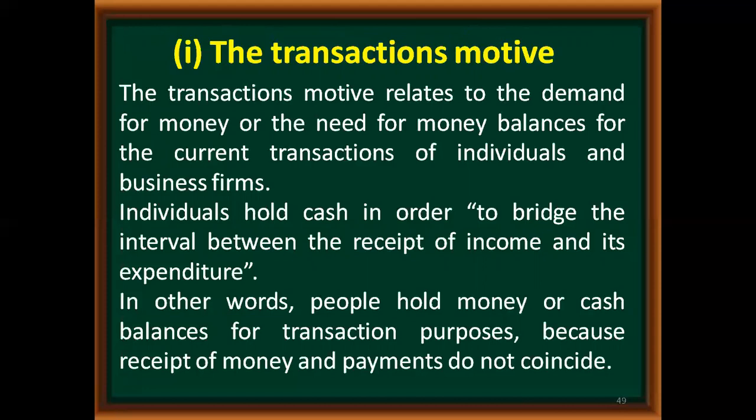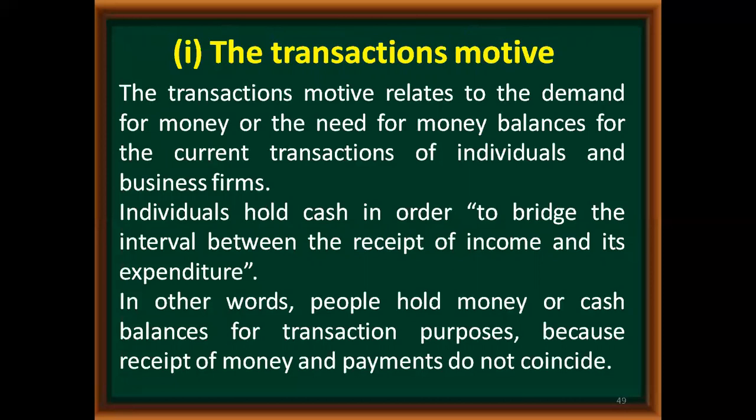Individuals hold cash in order to bridge the gap or interval between the receipt of income and its expenditure. We all know that we get income once a month. So income is paid monthly or weekly. If income were paid daily, then we would not hold more money in the form of cash.